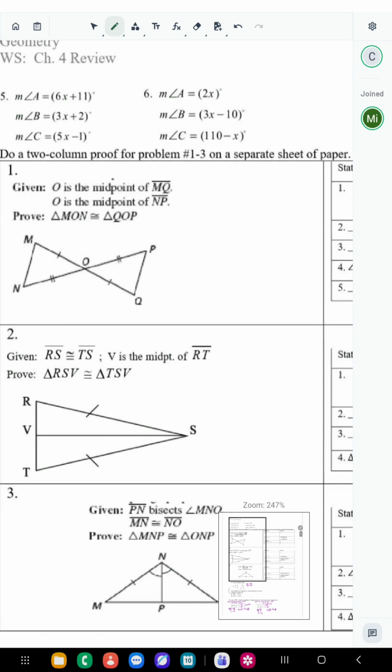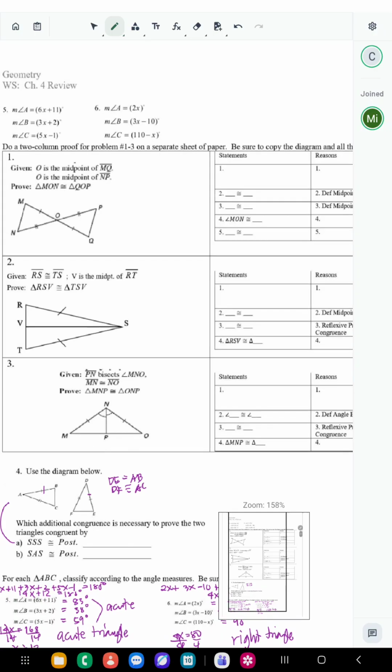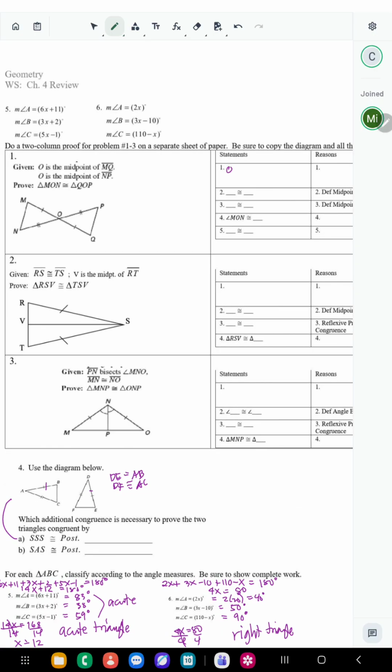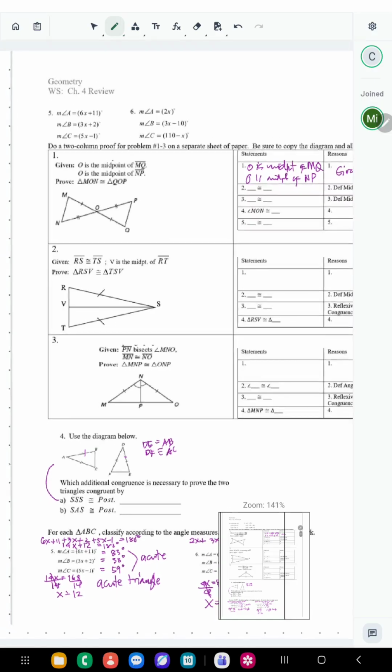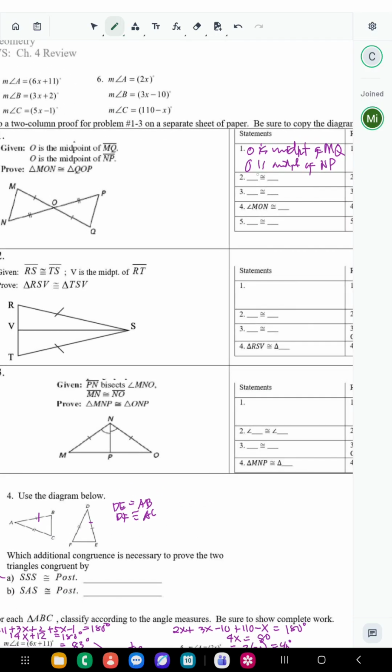Prove that triangle MON is congruent to triangle QOP. Midpoint is given for both. By the definition of midpoint, MO is congruent to OQ, and NO is congruent to OP.